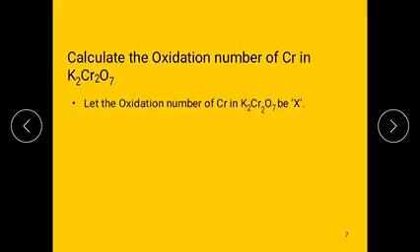Let the oxidation number of chromium in potassium dichromate be assumed as X. There are three different types of atoms in this molecule: 2 potassiums, 2 chromiums, 7 oxygens.